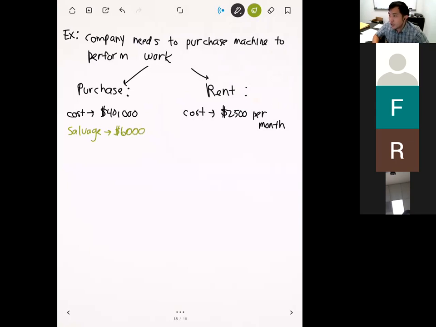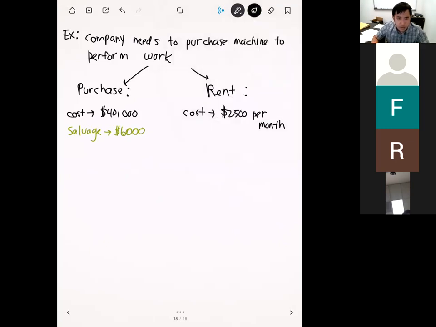This is something that you don't get from renting, because in renting you don't own the machinery, and once the contract is up, you have to give it back, so you can't sell it to anyone. Well, technically you can, but you're going to get a lot of angry people and lawsuits coming your way, which is usually not a good thing.